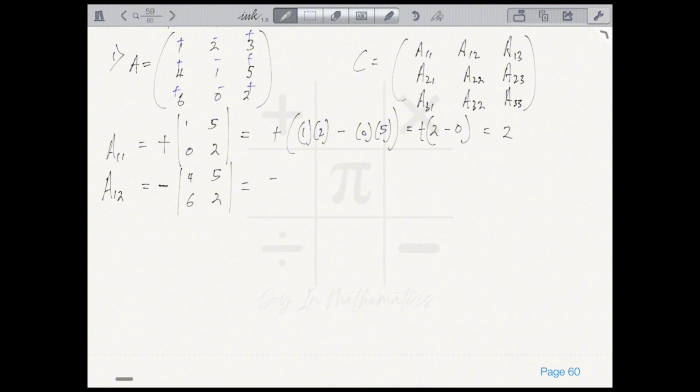So this will be negative, the place sign, very important again, and we evaluate the determinant: 4 multiplied by 2 minus 6 multiplied by 5. So this will be negative of 8 minus 30. This will give us minus times minus 22, which is positive 22.